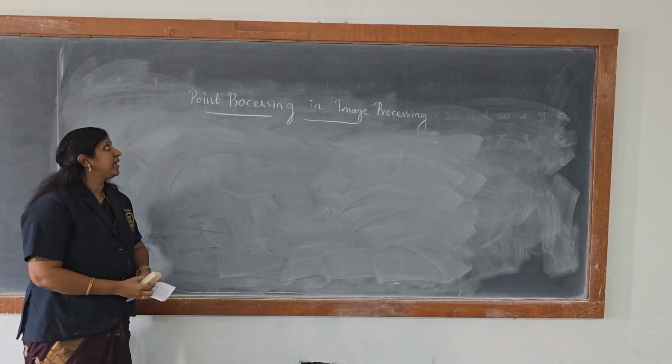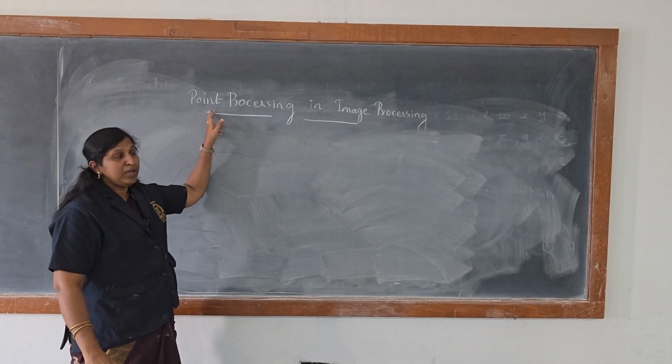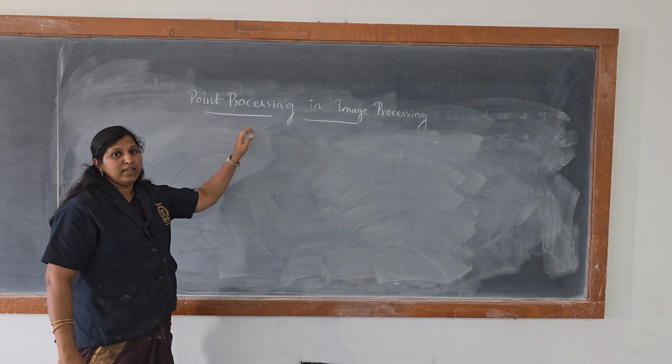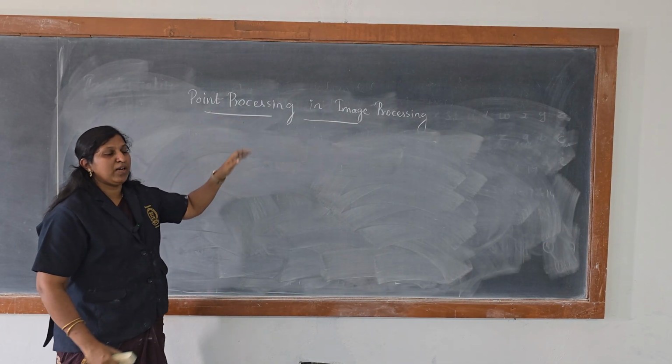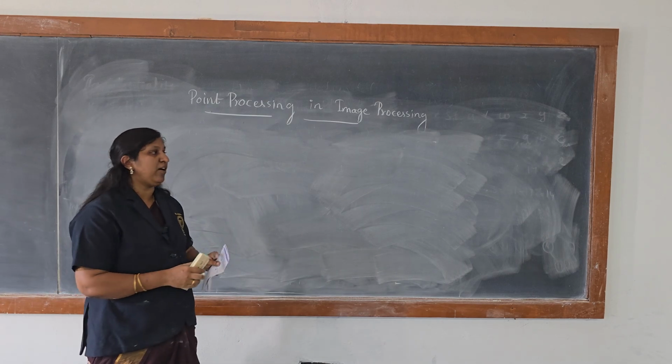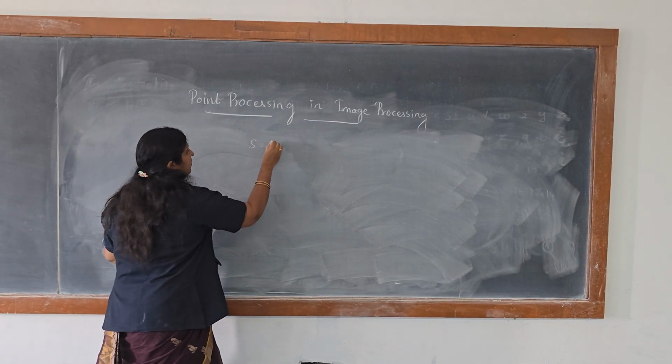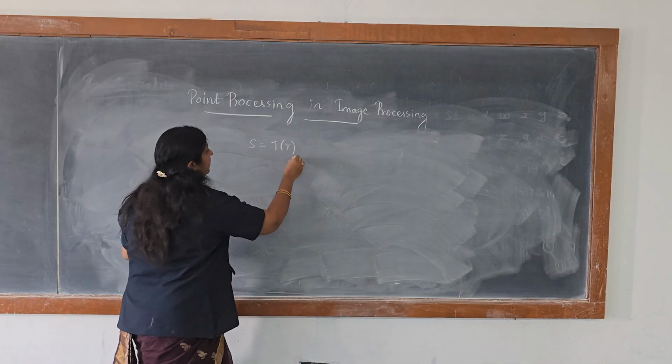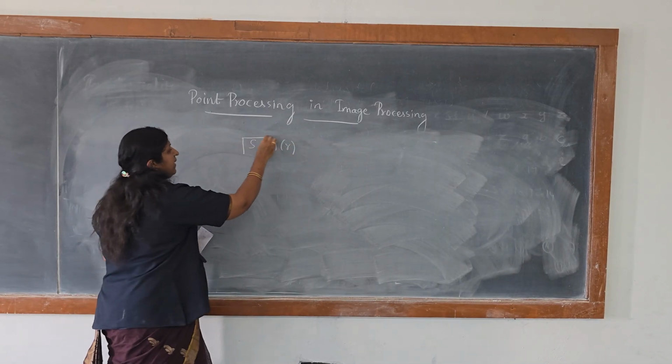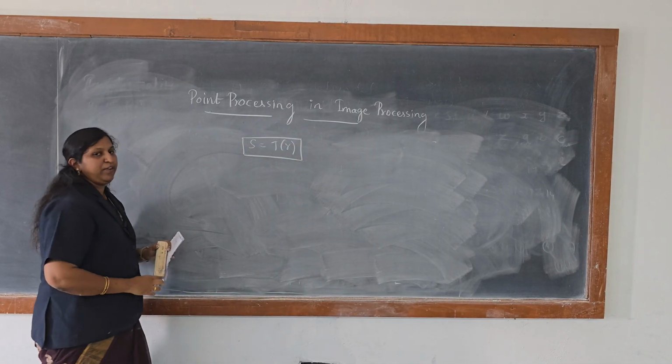Now we can review point processing. Under point processing, we have seen the relation S equals T of R. Based on this relation, we have seen 4 different methods.